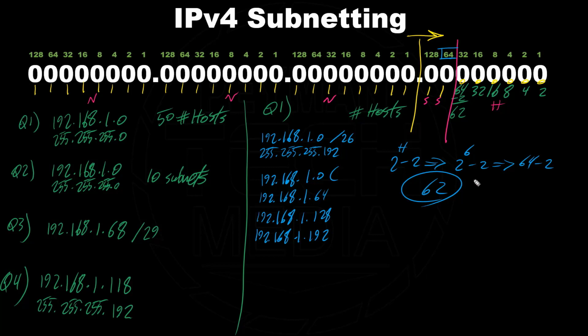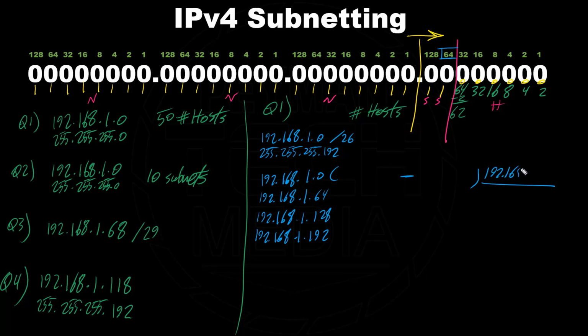To show you, let's erase all this. In order to find the range, it's better to have the network address and the broadcast address, and then we can write the available IP addresses in between. So the broadcast address is 1 less than the next subnet. Next subnet is 192.168.1.64. 1 less IP address is 192.168.1.63. So let's write down here 192.168.1.63. That's our broadcast address.